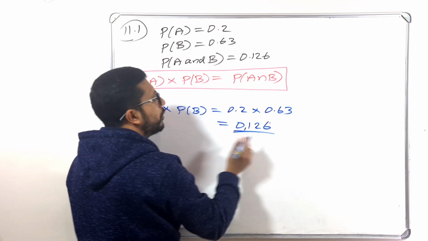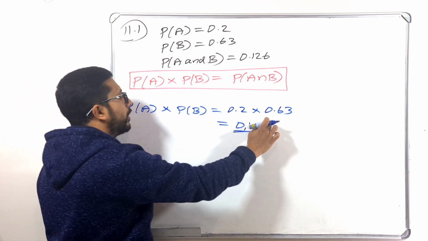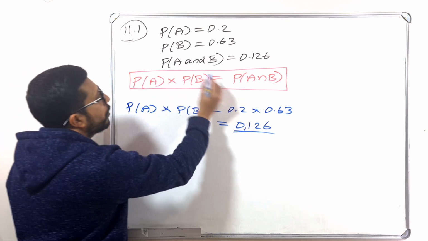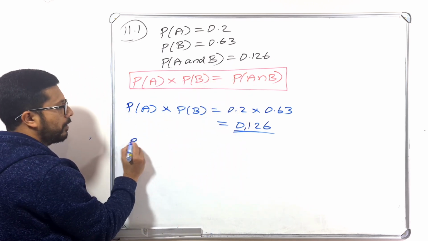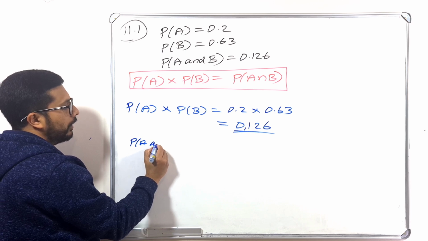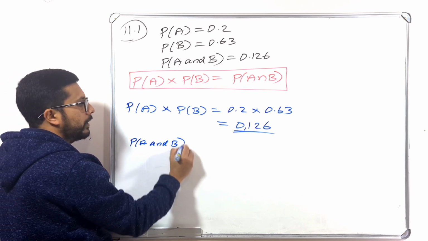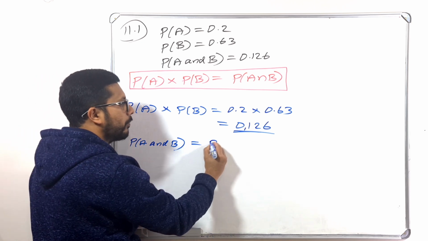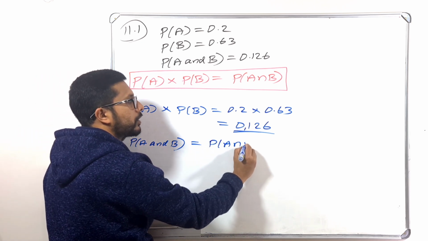In your calculator you will get 0.126. And what is probability of A and B? As I told you, "and" means intersection. This is the same as probability of A intersection B.